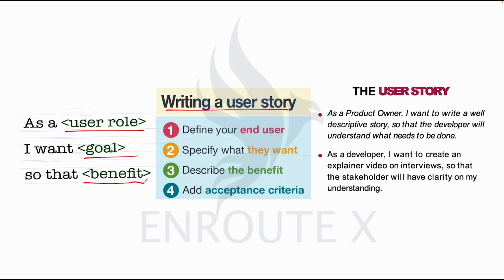Mind you, in the last slide, we said the user story should be written from the angle of a user, not from a technical angle, from the end user's angle, from the end user's view. So it has as a user, I want to, the goal, so that, and that is what we have here.